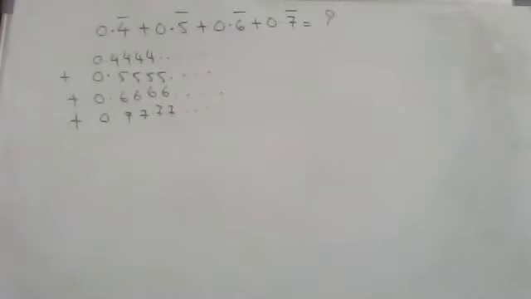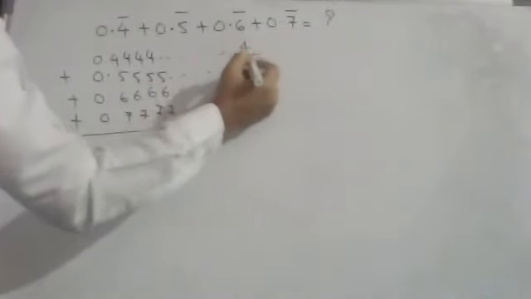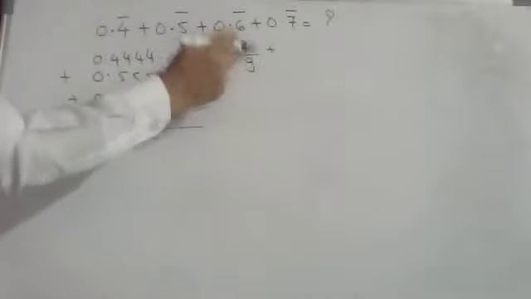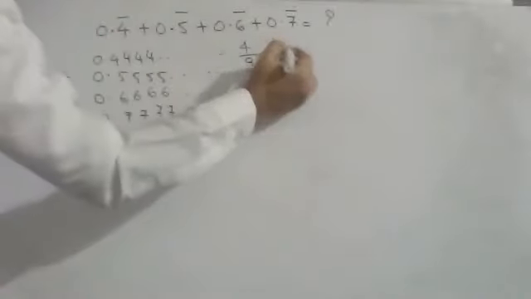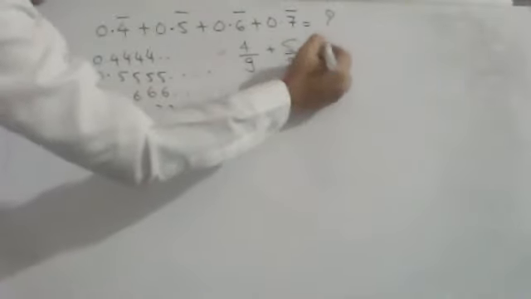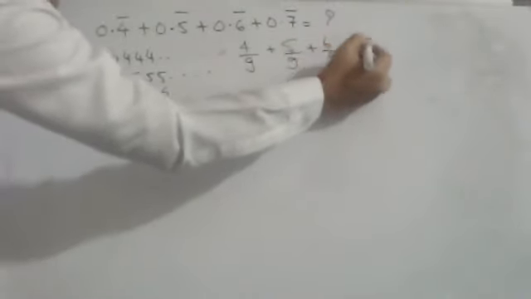So, converting into fraction. First we'll learn converting into fraction. How to convert this 0.4 bar? It means 4 upon 9. 4 upon 9 is 0.444 unending. This is 5 upon 9, this is 6 upon 9, and this is 7 upon 9.